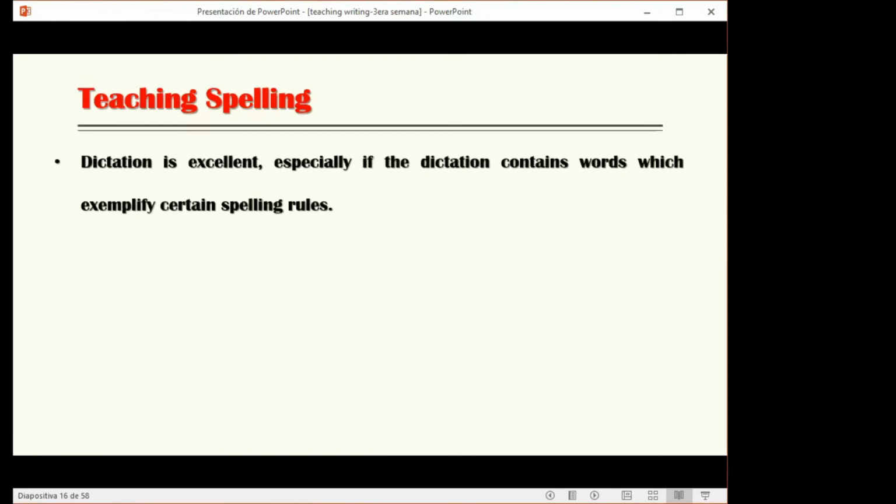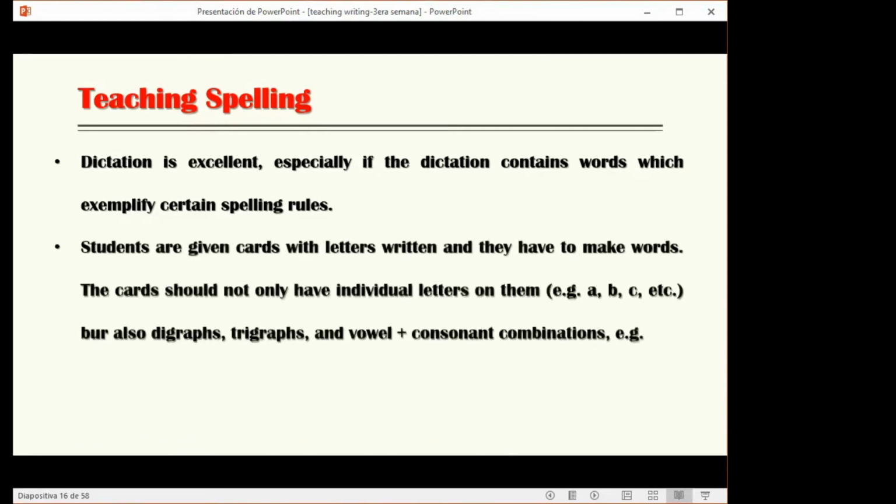Another activity that is useful is dictation, especially if the dictation contains words which exemplify certain spelling rules. Another one is students are given cards with letters written and they have to make words.